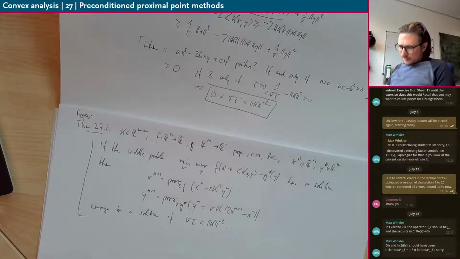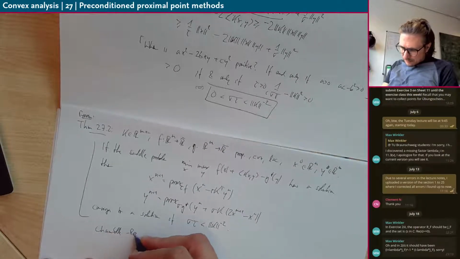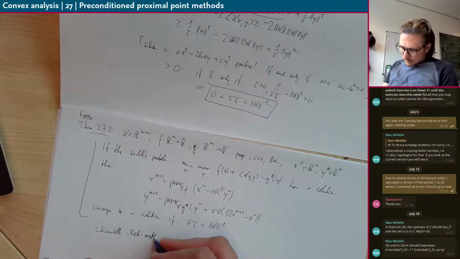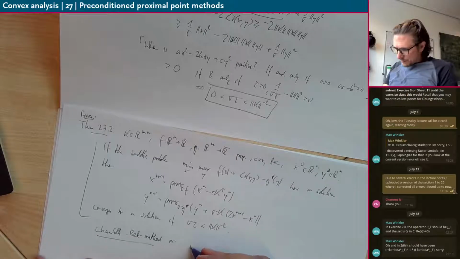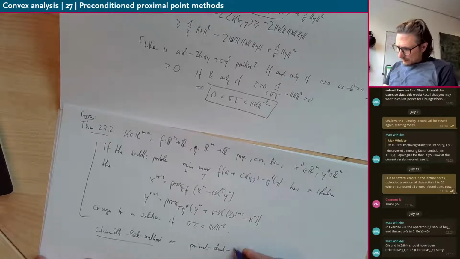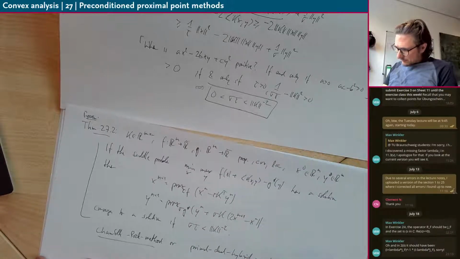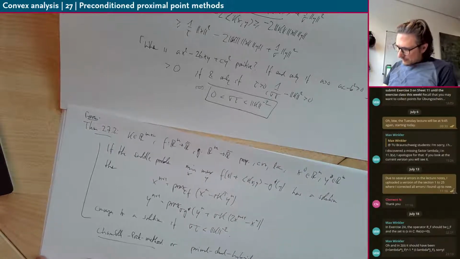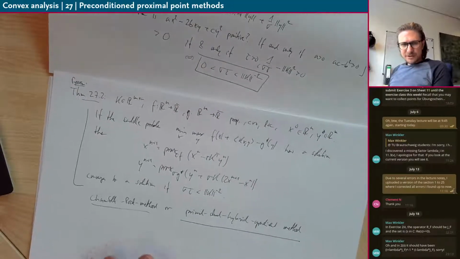This method is known as the Chambolle-Pock method, also known as the primal dual hybrid gradient method.